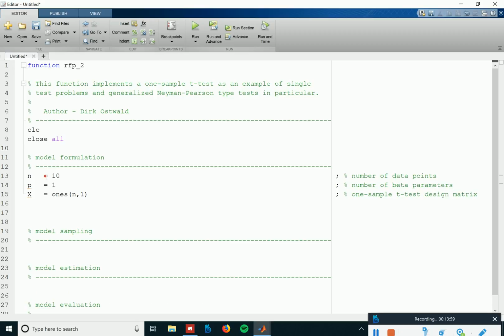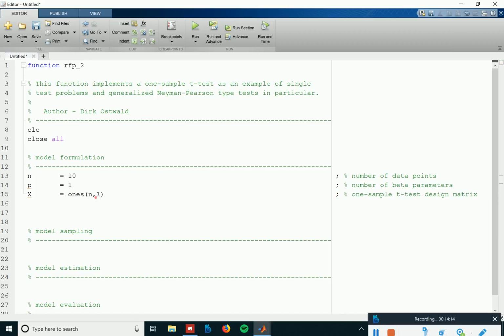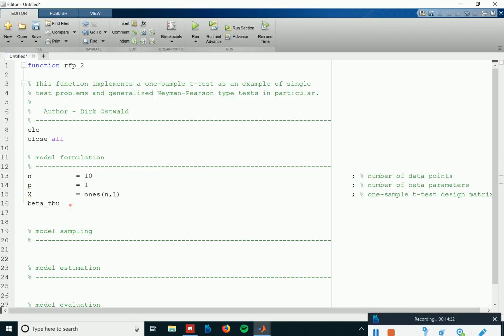So then, because we are simulating things, we can of course choose our true but unknown beta parameter value. So let's say we choose this to be 0.5.